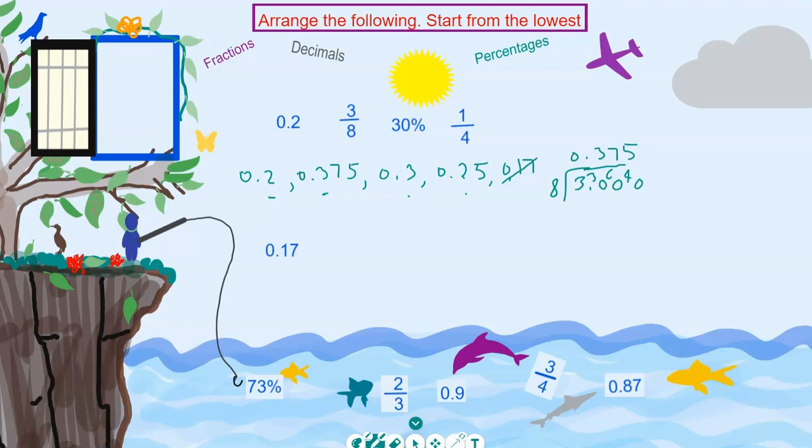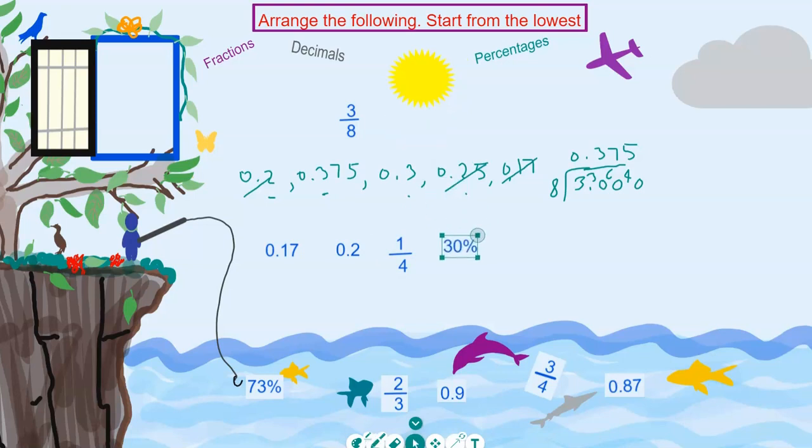So the next one is 0.2, which is here. So put that next to it. No, the lowest is 0.17 followed by 0.2. So the next one is 0.25, which is 1/4. And cross that out. Followed by 0.3, which is 30%.